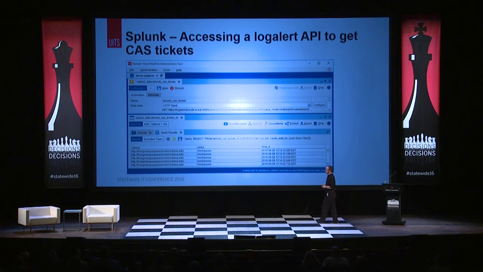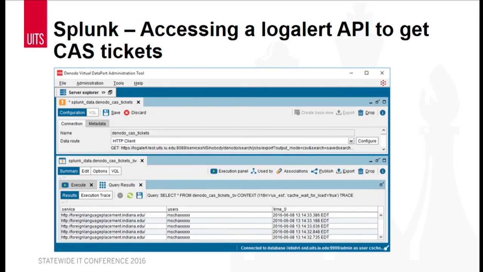So in this example, you can see up here it has a data route HTTP client, and it gives the HTTP path, and behind that there are configurations where you have a sign-in to access that data. You can even pass through the user who's trying to access the data into a back-end web client, or in this case, into the API. And then you access your data just the same as you would with a spreadsheet or an SQL database.